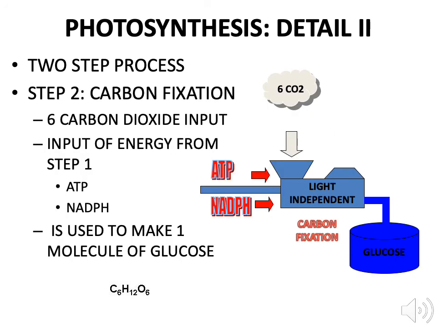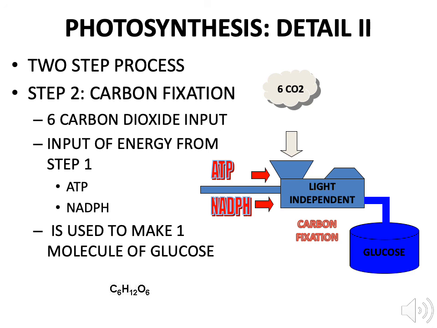So let's wrap this up with step number two. You'll notice what I've done is I've illustrated step number two on this particular slide, and this is the process that we call carbon fixation. Now, I'll remember that means taking in 6 carbon atoms and welding them together, bonding them together to create a molecule of glucose. In order to do that, I need the input of energy that I collected in step number one.